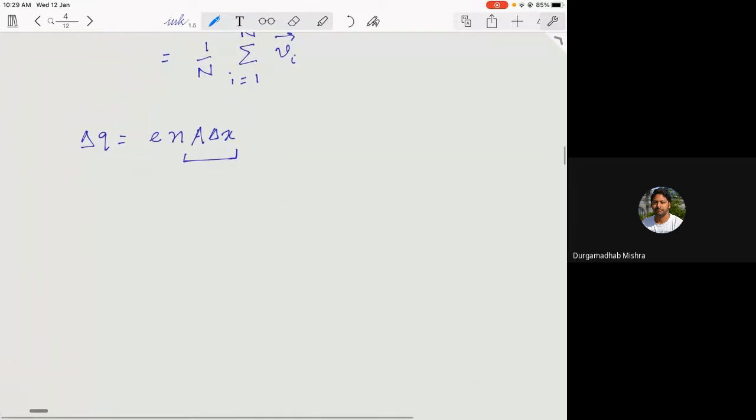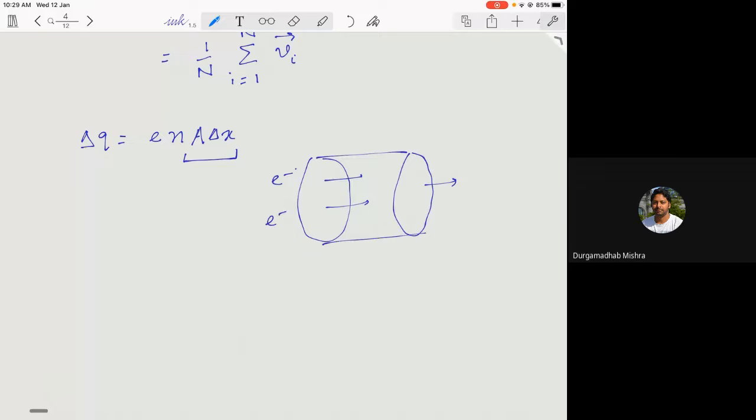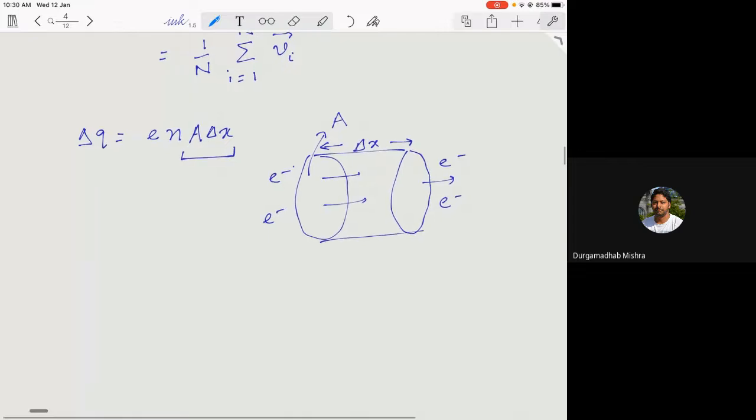So if I plot it here again, you have electrons which are crossing this cross-sectional area A. So this is A, and this is your delta X. To have a finite current density, the electrons should pass from one end to the other, and only then will you have a finite J, otherwise J will be 0.